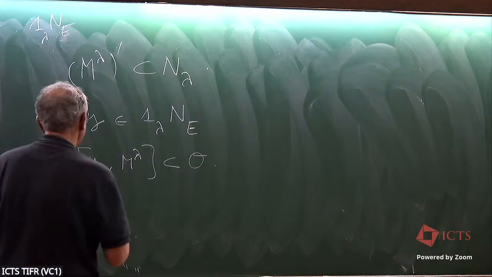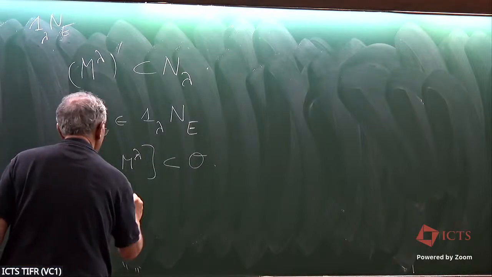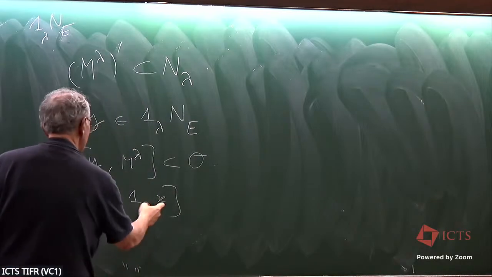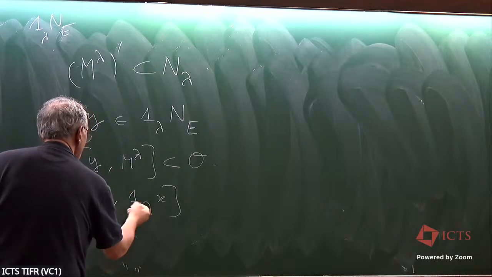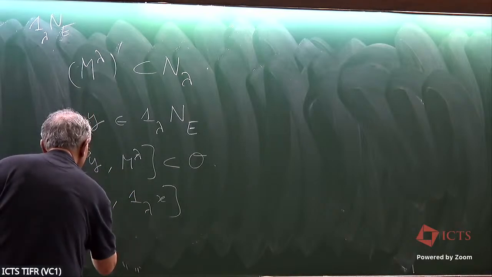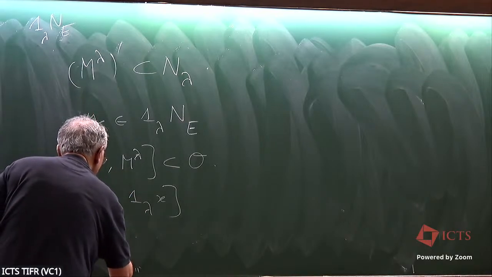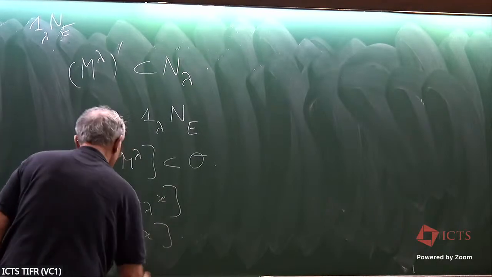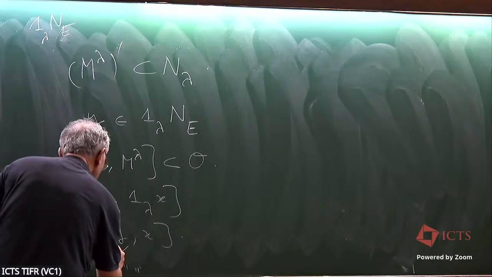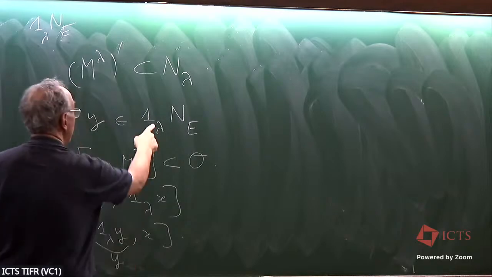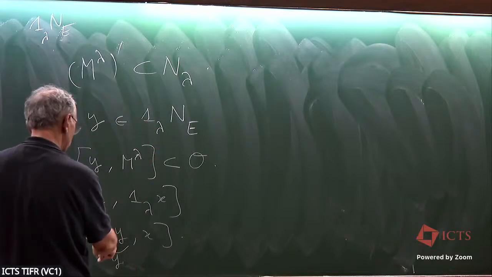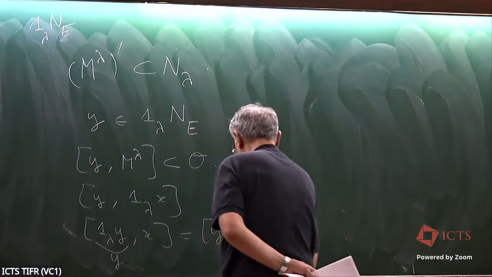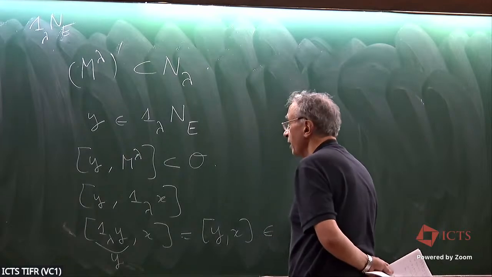it's an integer. So this means that if you pair it with 1_lambda x, it is an integer, where x is in M, but you can move that. You get 1_lambda y, x, and this is y, because we are in 1_lambda, this is an idempotent. So this is the pairing of y and x, and this is an integer.